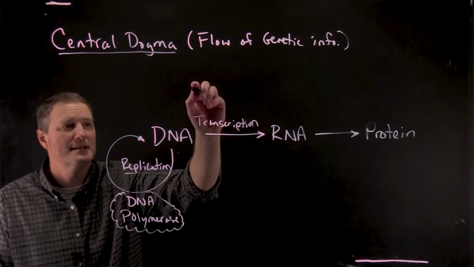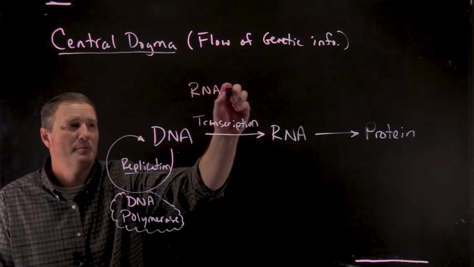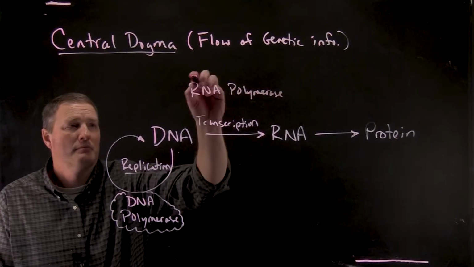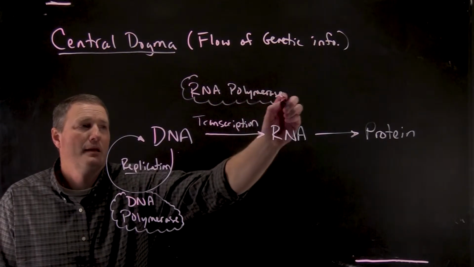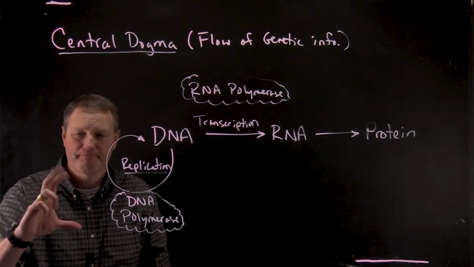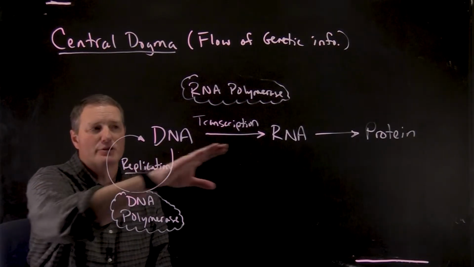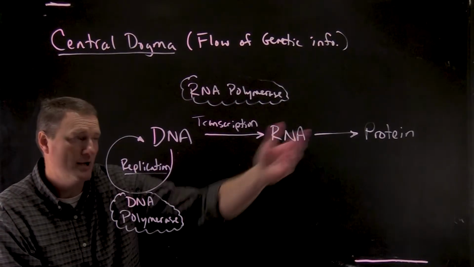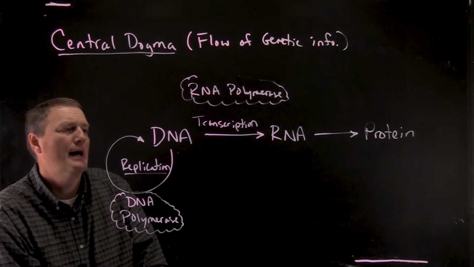The main enzyme that does this is RNA polymerase. It's going to read short sections of the DNA and convert that into these short, small pieces of RNA that can then go on to the next process.